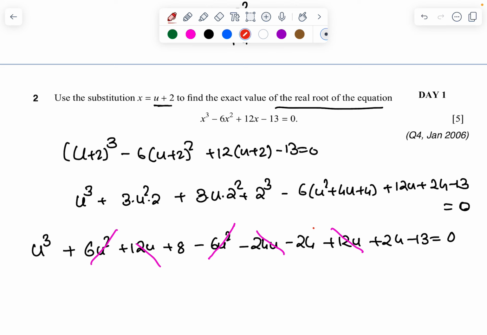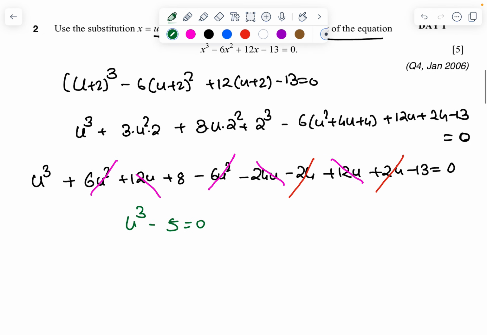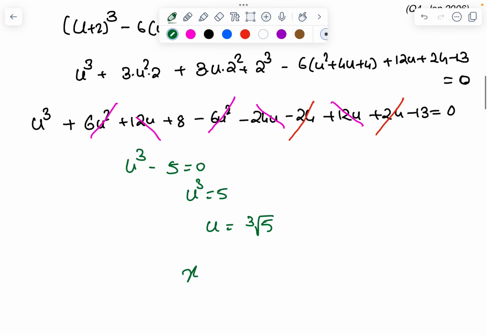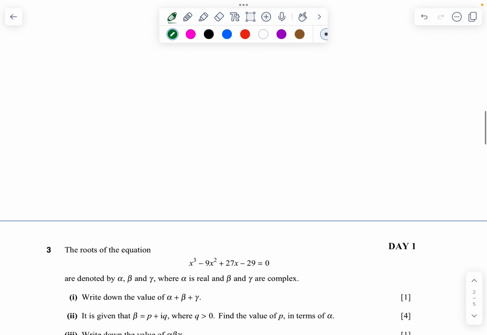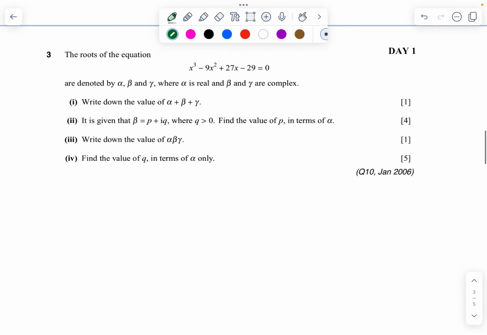Then negative 24 and positive 24 get cancelled. So what am I left over? U cube minus 5 equals 0. U cube equals 5. U equals cube root of 5. But the root of x is u plus 2. So therefore it is cube root of 5 plus 2. That is the answer.